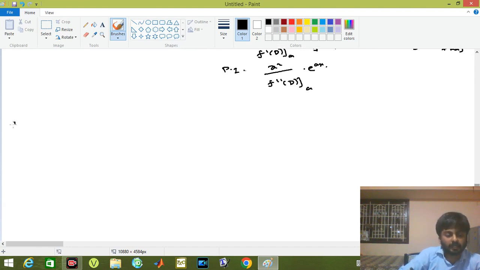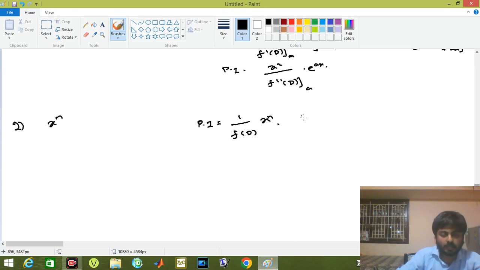The second type is x power n. If you are having x power n, your particular integral will be 1 by f of D of x power n. Here you have to make it f of D whole power minus 1 into x power n.